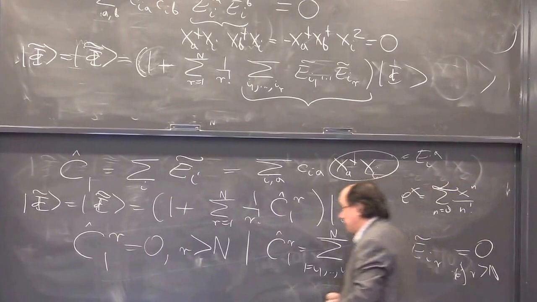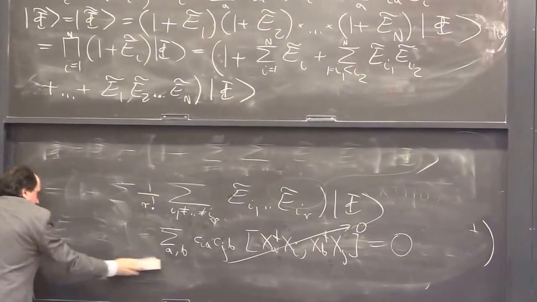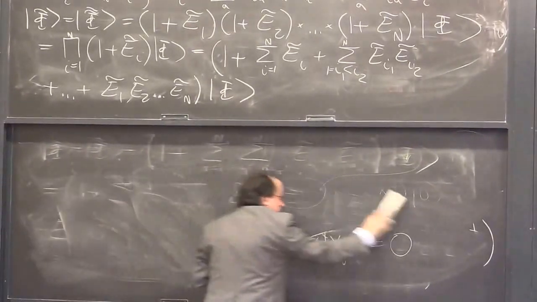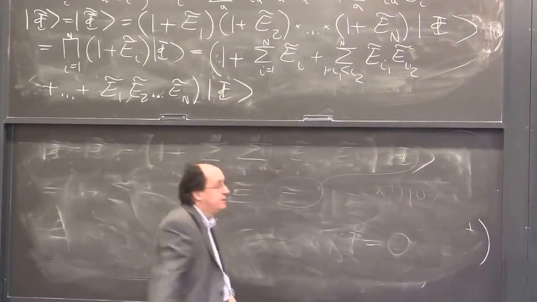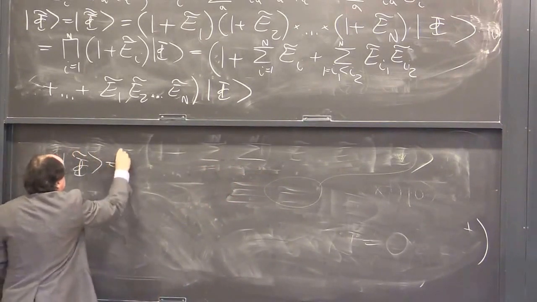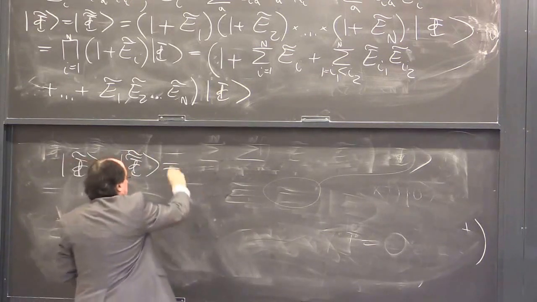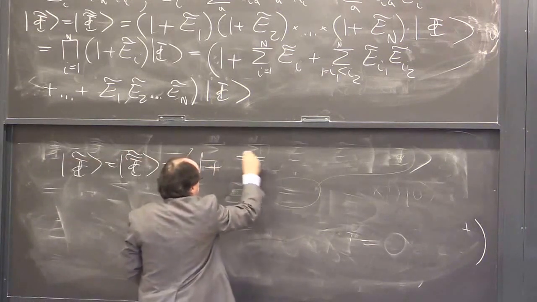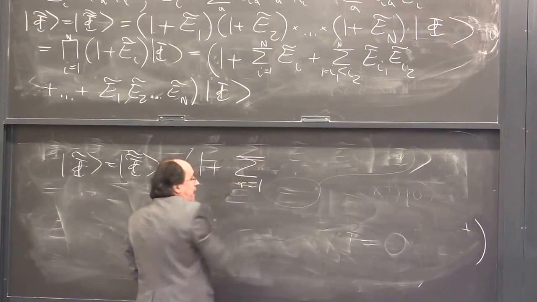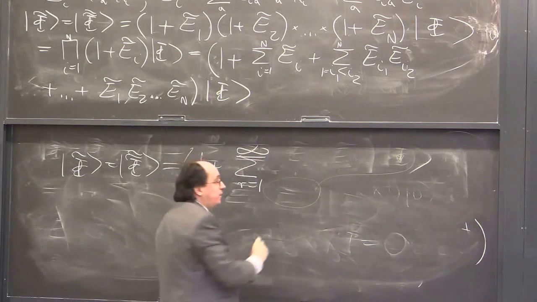Well, if that's the case, then we are now arriving at the glorious moment of this whole derivation. And as we begin to see, phi double tilde is the unit operator plus a sum over r. I'm going to now extend it from n to infinity because I can do it.